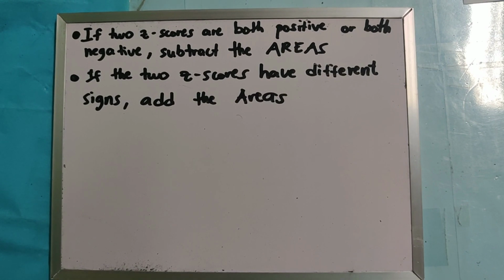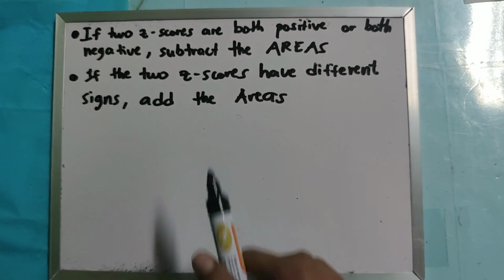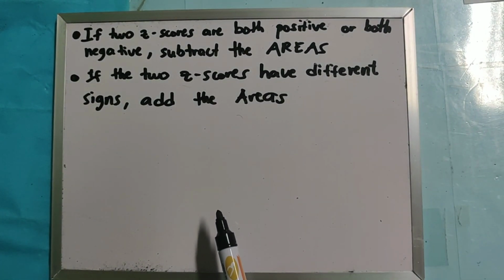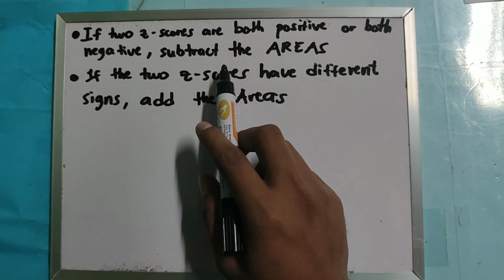In this part of the video, we're going to find the area under the normal curve bounded by two given Z-scores. Okay? What if naman binibigyan tayo ng dalawang values ng Z-scores? Okay. So here are the steps in finding the area under the standard normal curve if you are given two Z-scores. If two Z-scores are both positive or both negative, subtract the areas.